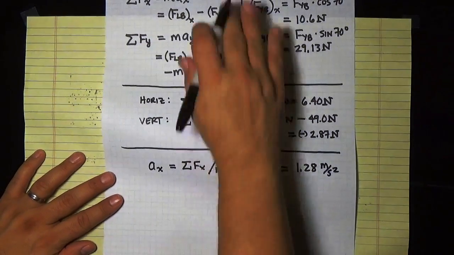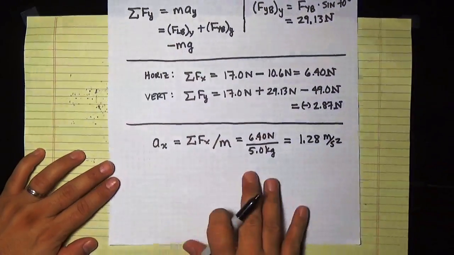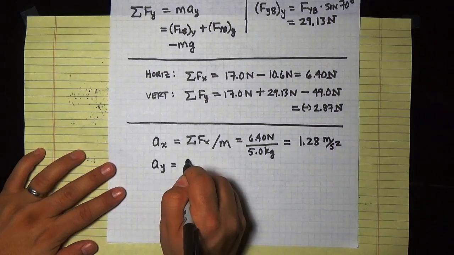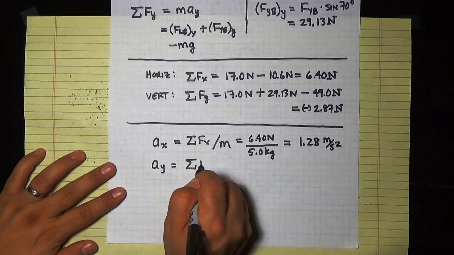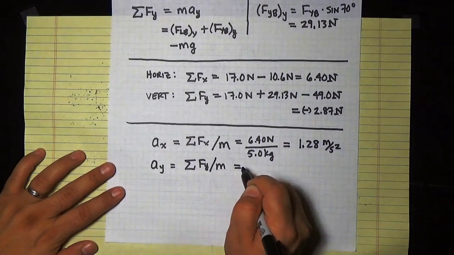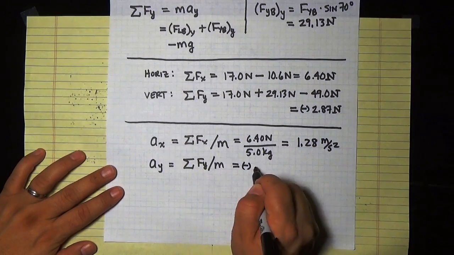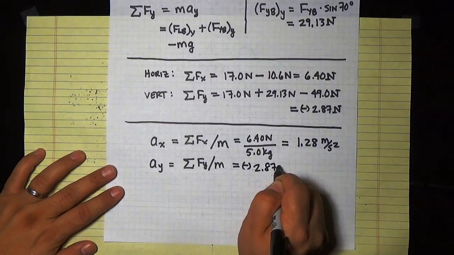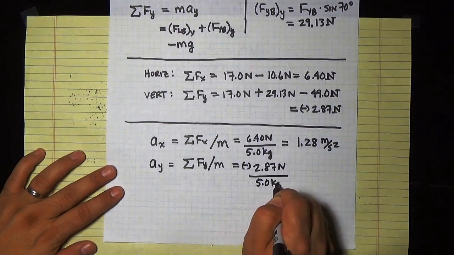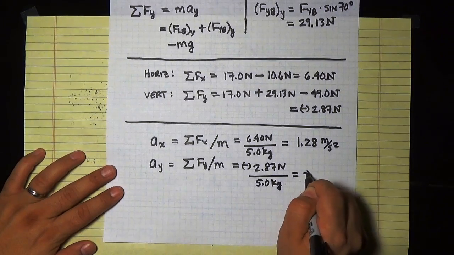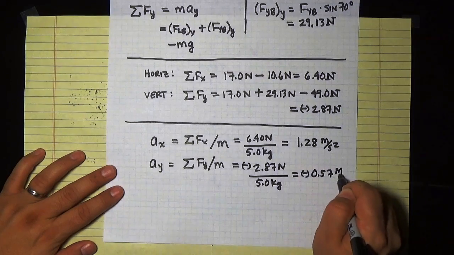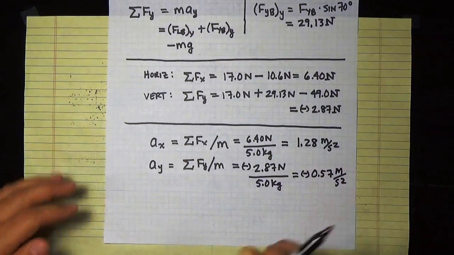And the acceleration in the y direction is the sum of the forces in the y direction divided by the mass, which is equal to minus 2.87 newtons, again divided by 5 kilograms, and that is equal to minus 0.57 meters per second squared.